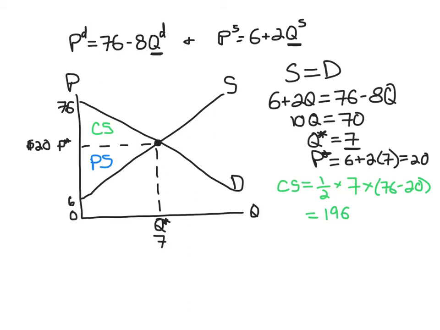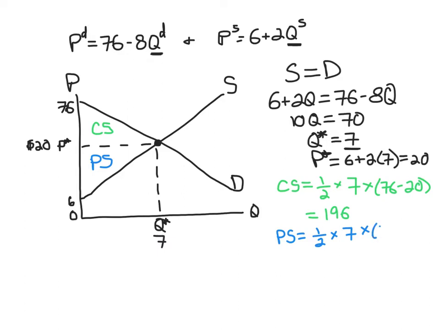And now for the producer surplus, similarly, we're going to rely on the formula for the area of a triangle. So 1/2 times the width of the triangle, again, is 7. There are 7 transactions. And for each transaction, the surplus generated is the difference between the price and the supply curve, right? So the height of this triangle is from 20 to 6.